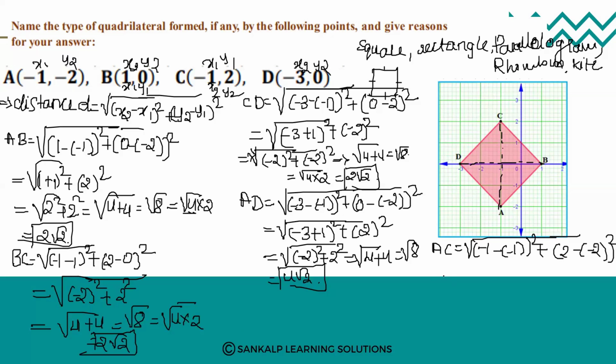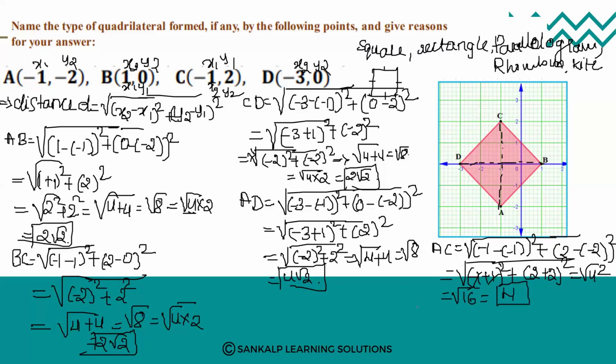So minus 1 plus 1 whole square plus 2 plus 2 whole square, minus 1 plus 1 will get cancelled, 2 plus 2 is 4 square, that is equal to root 16 you will get. So root 16, it is a perfect square number, if you take it out of the root it becomes 4. So this is the value of AC.